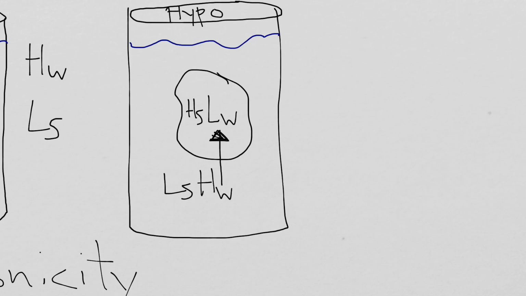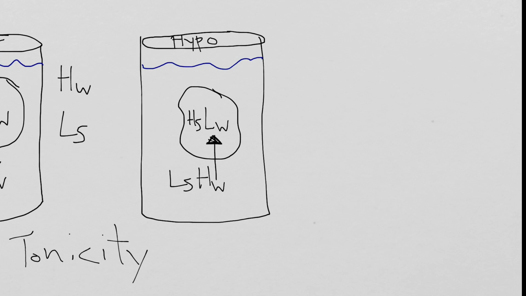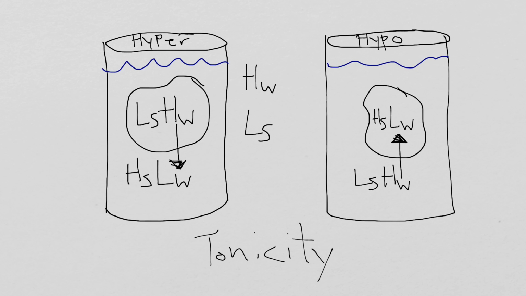So, just to recap, when you're looking at these problems, it might give you one of the things, two of the things, but it's probably not going to give you all four of these, so you're going to have to fill in the blanks. Number one, always look at the solution, the solution that everything is sitting in.